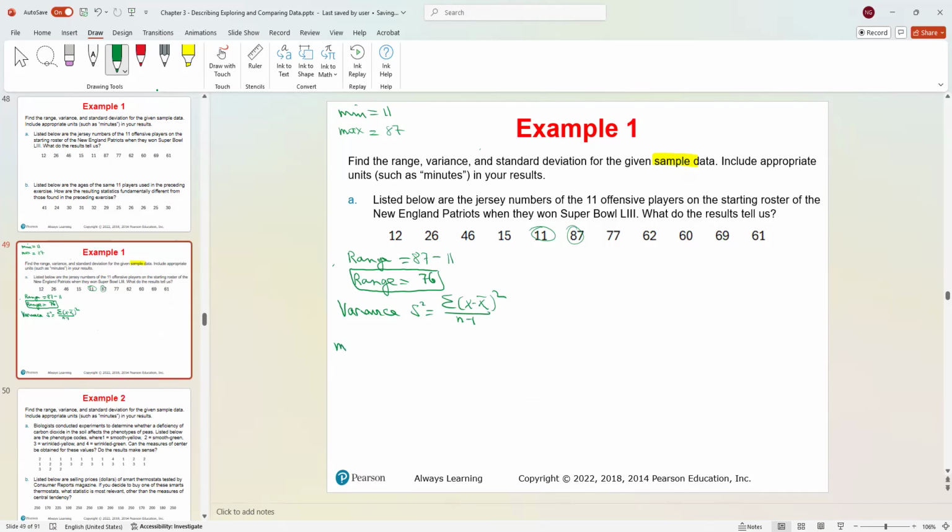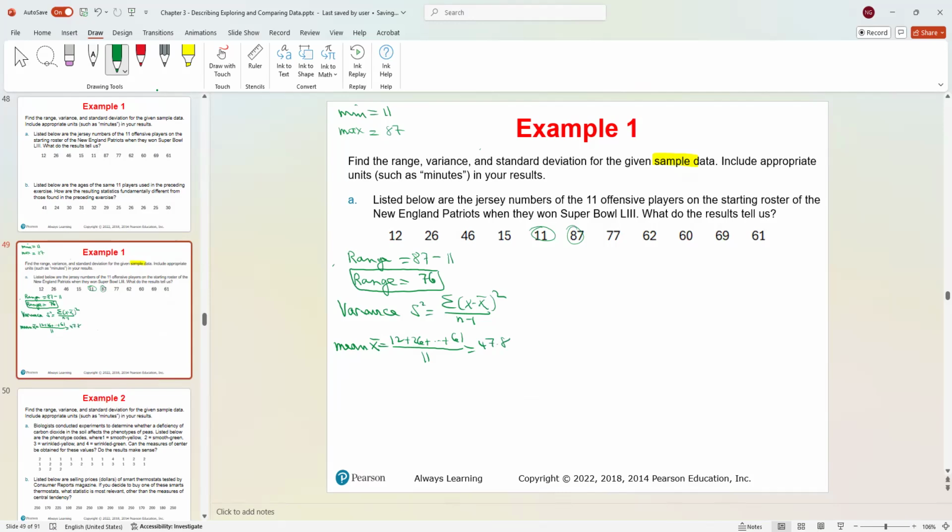We know the sample mean here is x bar. We need to add all this data until the last one and divide it by the number of data. They said 11 data here. So when you add all your data together and divide by the number of data, we believe the mean is 47.8.